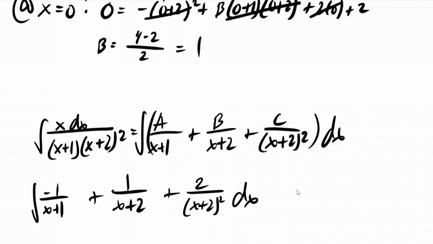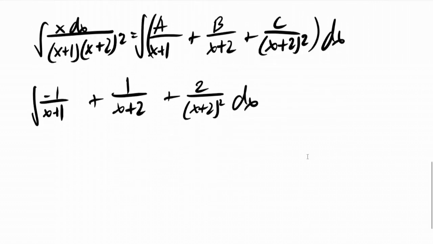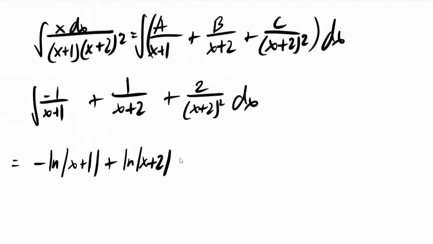Now we will use the sum rule to get the integral of each of these terms here. This is negative ln of x plus 1. There should be no integral sign over there now, since this is the integration. Negative ln x plus 1 plus ln x plus 2 minus 2 over x plus 1.